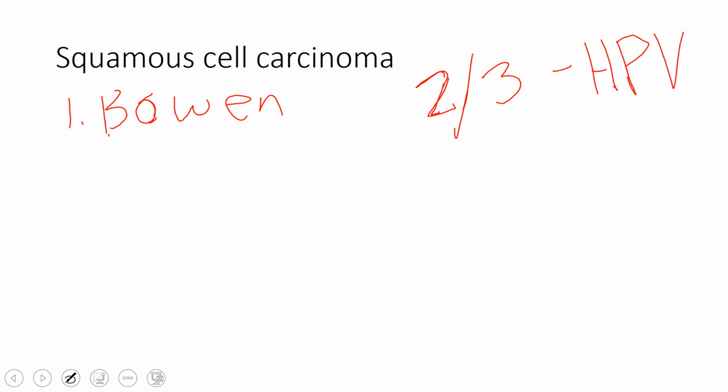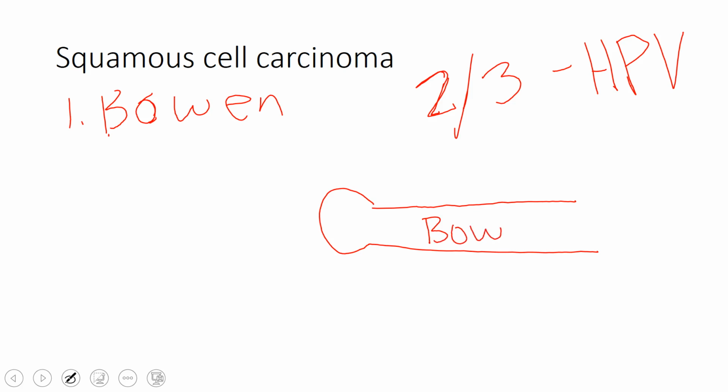So basically what's happening here is you've got different parts of the penis, and Bowen is going to be the shaft. I'm going to write Bowen on the shaft. I think it's almost like a bow. Okay, so that's on there. And what does it have? Leukoplakia. So it's going to have this kind of white plaque on there.